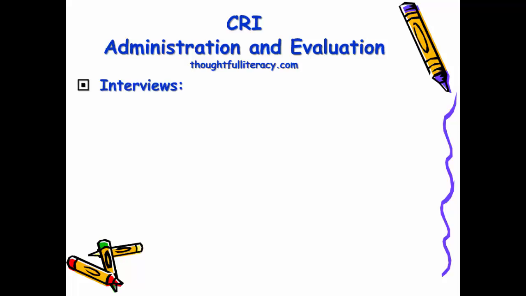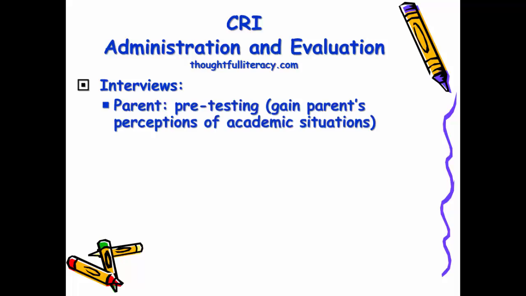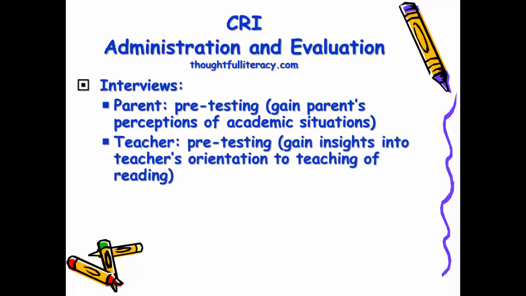You're going to use interviews. First, there will be a parent interview, and this is strongly recommended if you're going to be doing a comprehensive assessment. You need to find clues about the student's history. Then a teacher interview. This is so crucial because you want some indication of the teacher's orientation to reading.